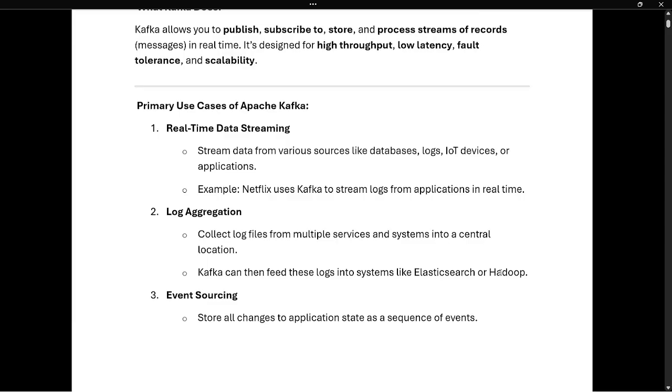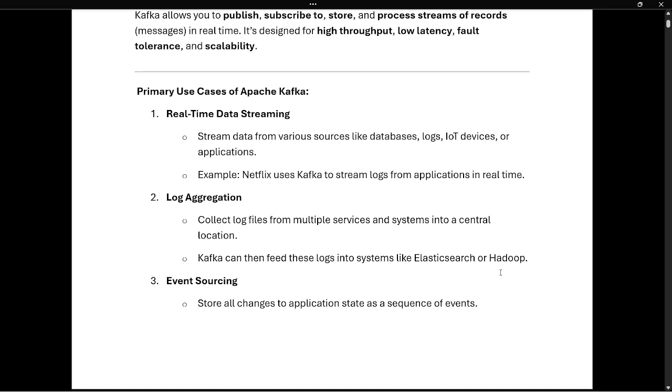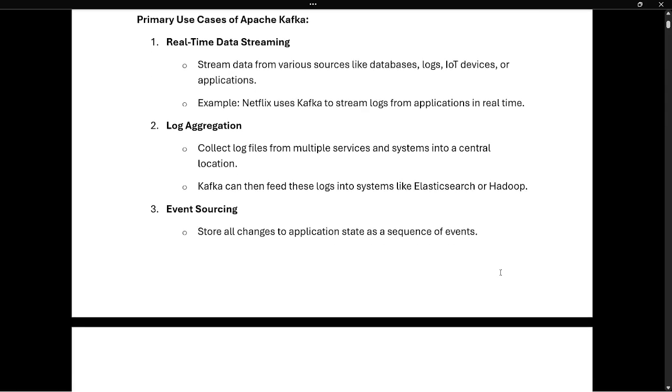We have event sourcing, where we store all changes to application state as a sequence of events, and will take action based on that.